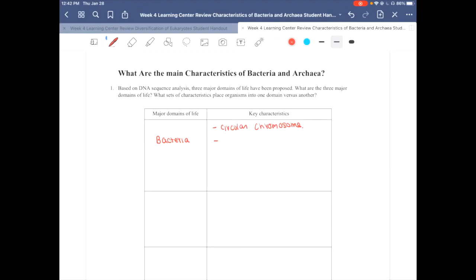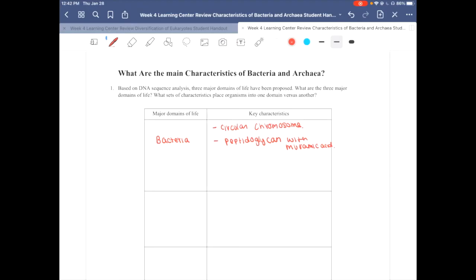Okay, so the cell wall of bacteria has peptidoglycan. And this is the feature that we use to determine whether something is gram positive or gram negative.